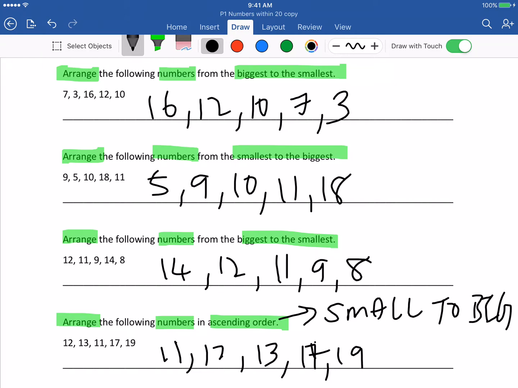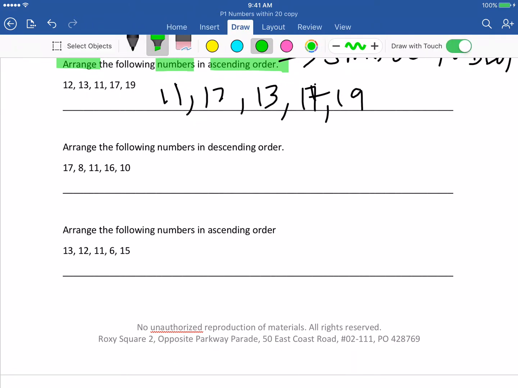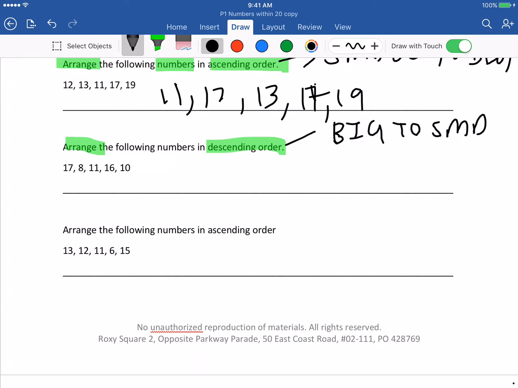Okay? We will go through the next few questions. Next one. We need to arrange the following numbers in descending order. Descending order, remember, should be what? From biggest to smallest. So in this case, what's the biggest number?